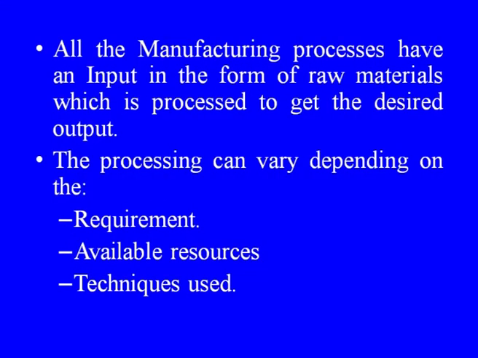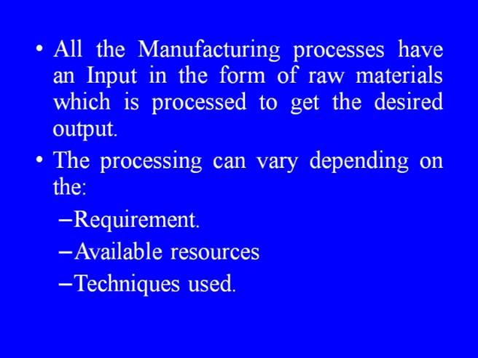All the manufacturing processes have an input in the form of raw materials, which is processed to get the desired output. This I have already explained. The processing can vary depending on the requirement, available resources and techniques used. So, this can be explained like this.